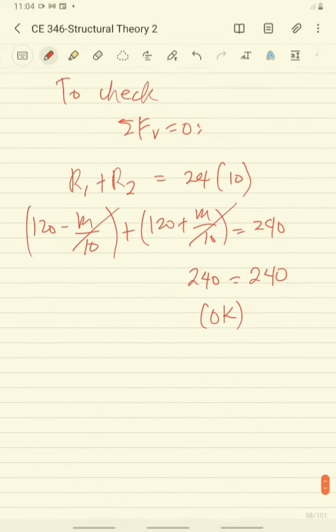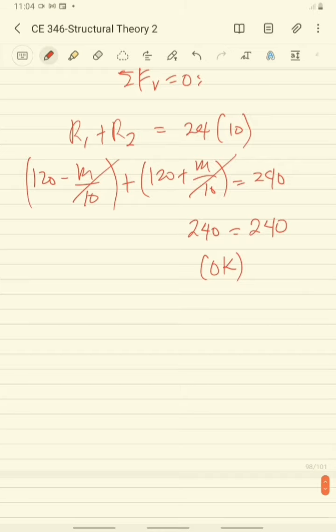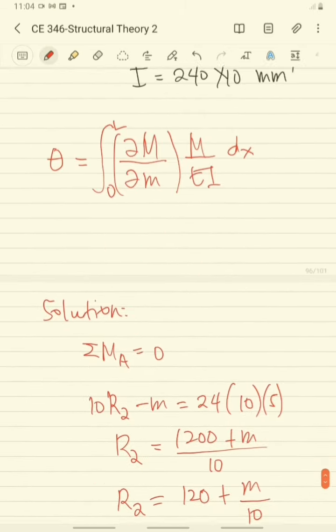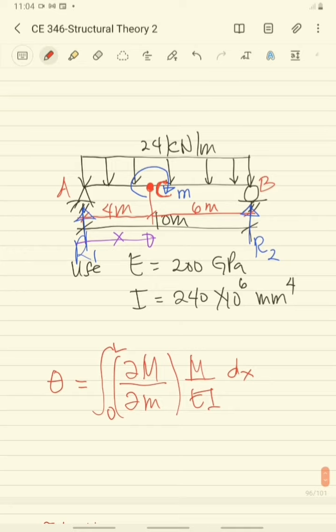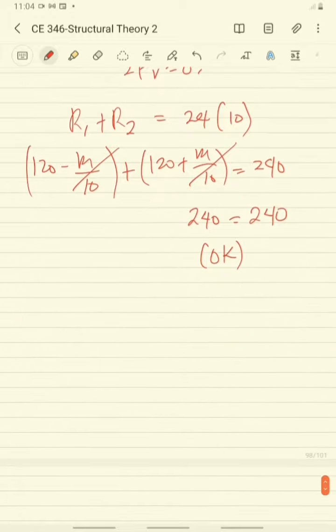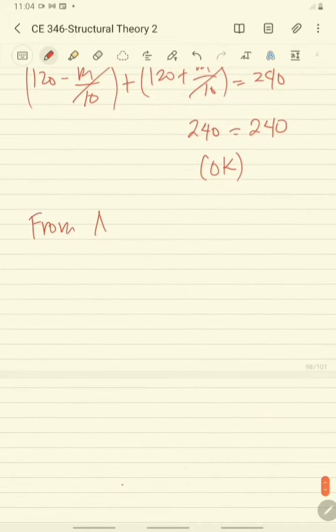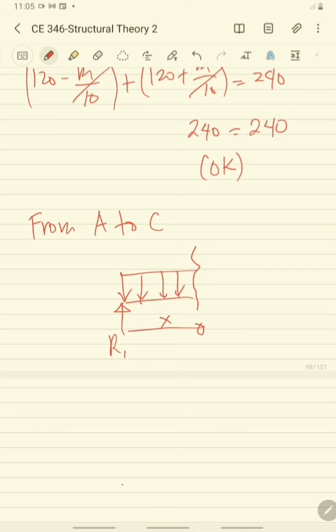Okay, so next, we need to determine the moment for the segment A to C. So this will be your beam. This is your R1, at any value of x. This is your moment. Then you have there 24 kilonewton per meter.